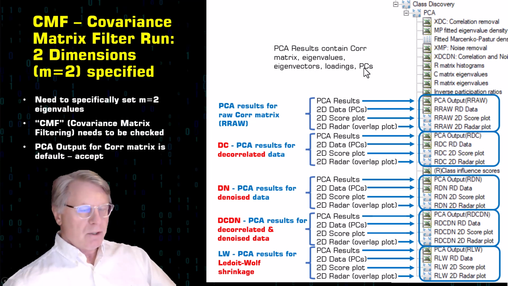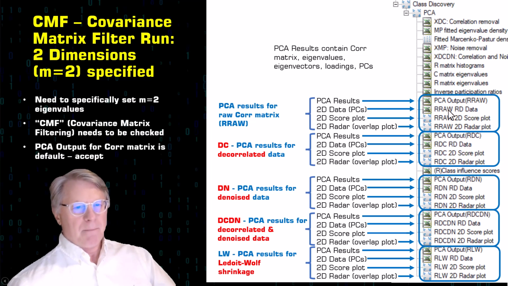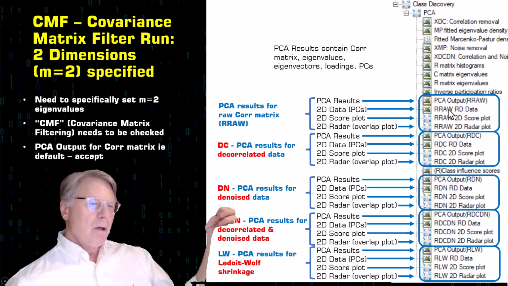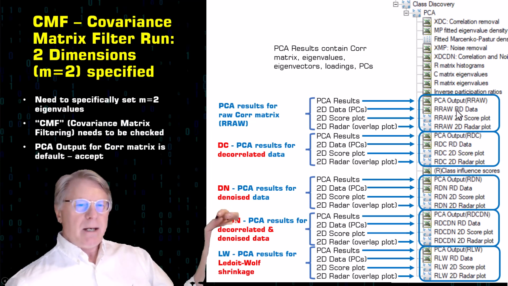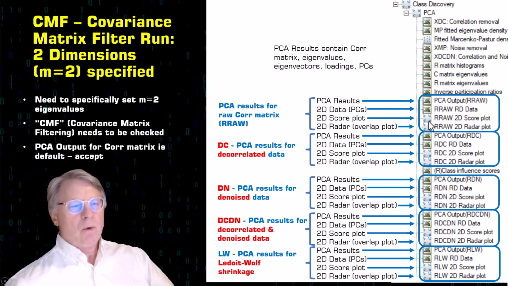So if you have a large number of records, you'll still have all those PCs in this spreadsheet. You'll also have a spreadsheet that contains the reduced data that you can look at, which are essentially the principal components. And then if you click on this, you'll see a 2D score plot for PCA. And if you click on this, you'll see an overlap plot or a radar plot.